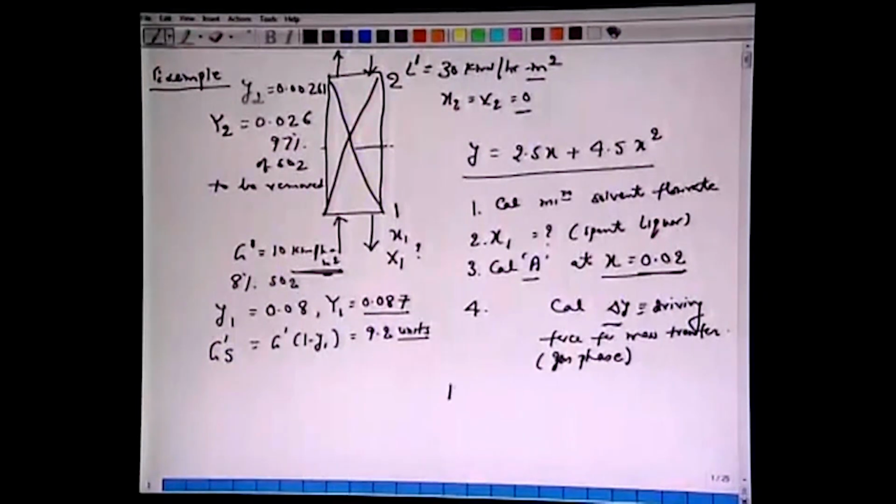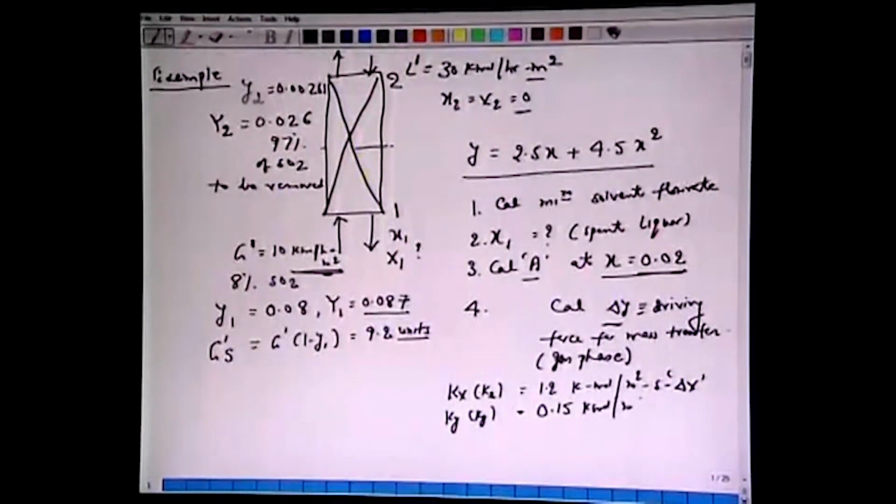The given quantities are kx or kL as 1.2 kilomole per meter square per second per del x, and ky as 0.15 kilomole per meter square per second per del y. Okay, and all of this at the same location, x equal to 0.02.